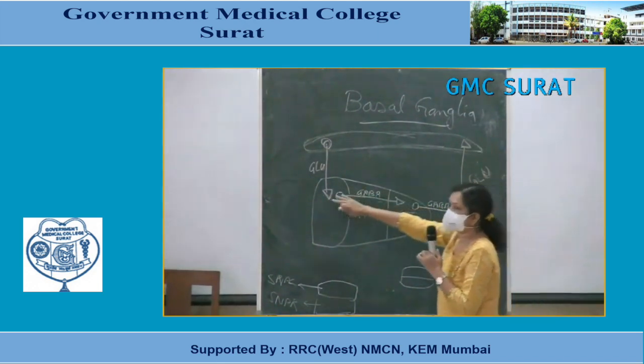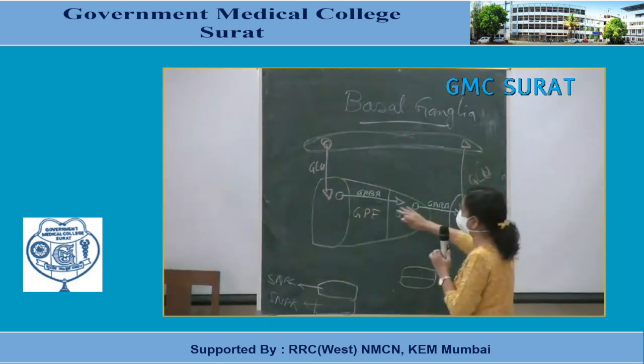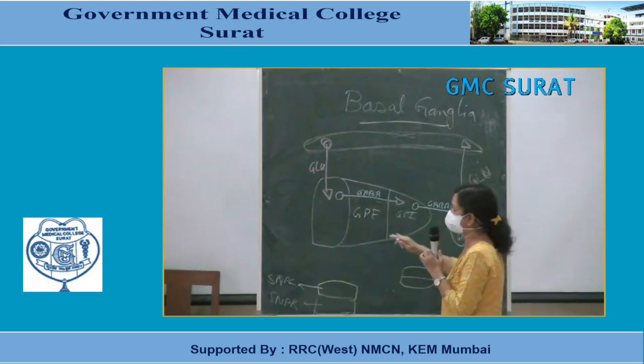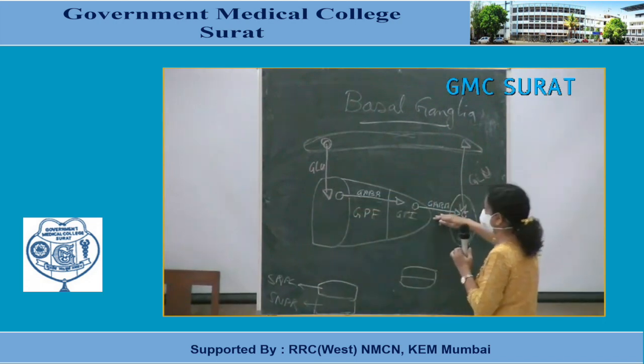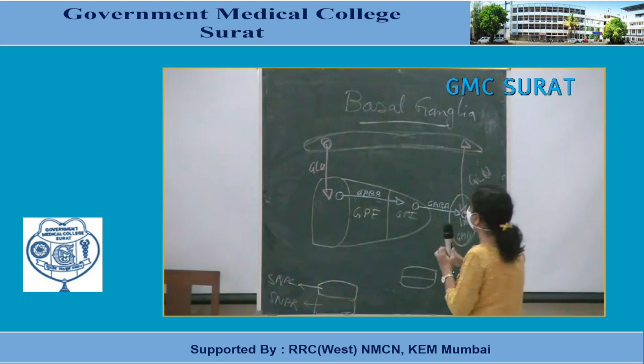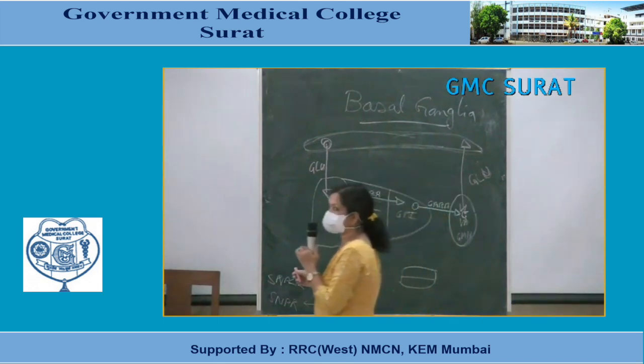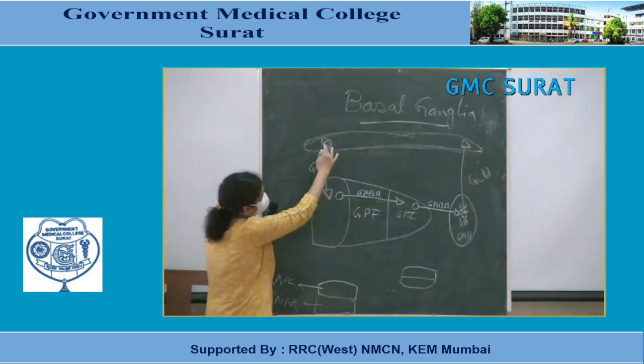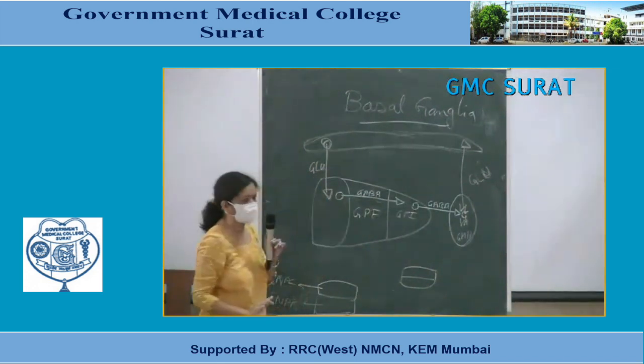The output from the various nuclei of the basal ganglia in the direct pathway, we are talking just about the direct pathway, is GABAergic.